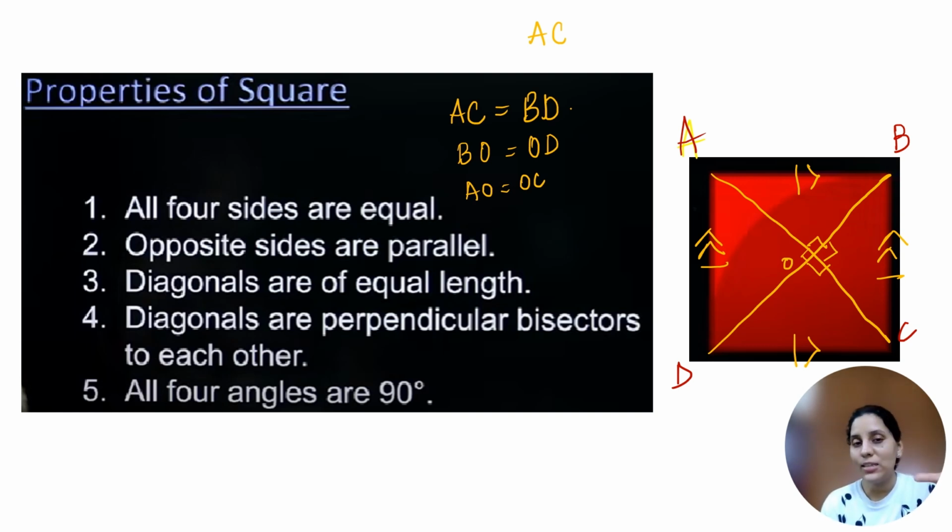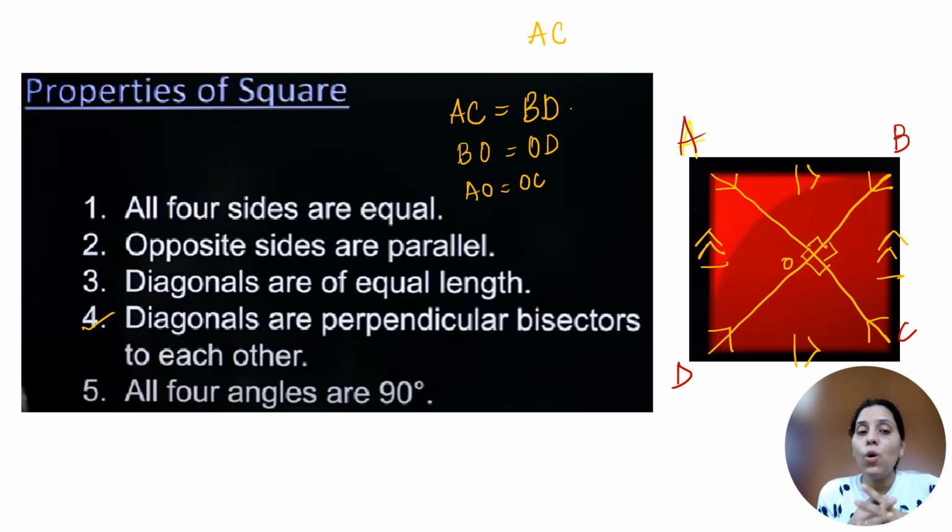Same as the rectangle, diagonals are of equal length. Same with the rhombus, diagonals bisect each other at 90 degrees and are bisected as well. All four angles are 90. Same like a rectangle, all angles measure 90 degrees.